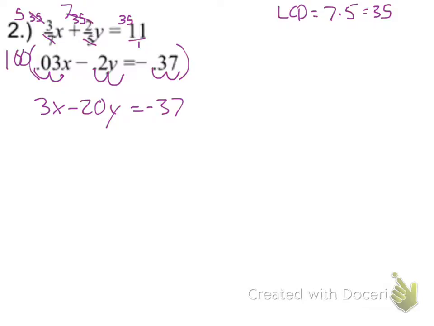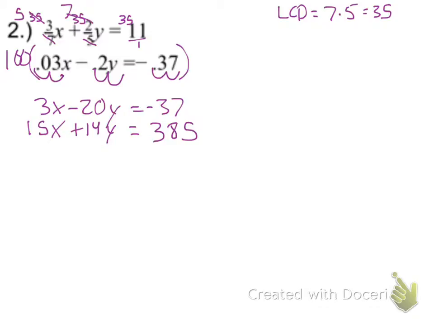So what is that equation? 5 times 3x is 15x. 7 times the 2 that's left over is 14y. And then what's 35 times 11? 35 times 10 is 350, plus another 35 is 385.